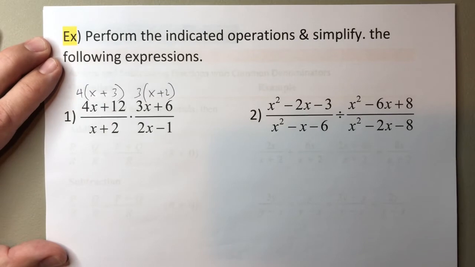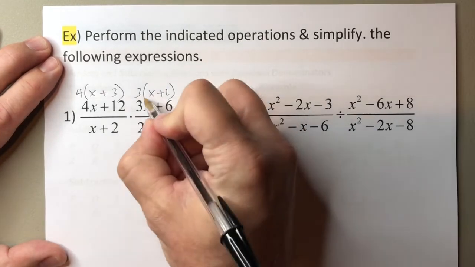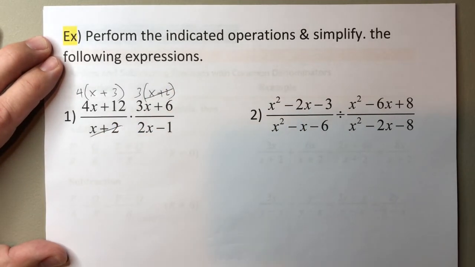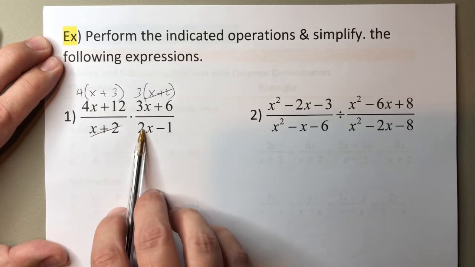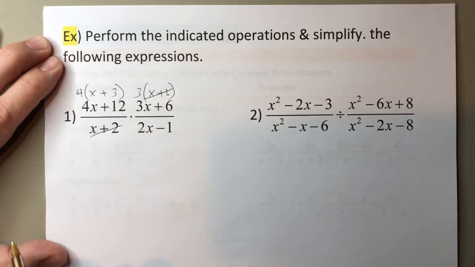All right, at this point, does anything repeat on the top and on the bottom? Yeah, the x plus 2 repeats. And actually, you could reduce this 4 over 2 to a 2 right now if you really wanted to, or you can leave it like it is. It doesn't make any difference.